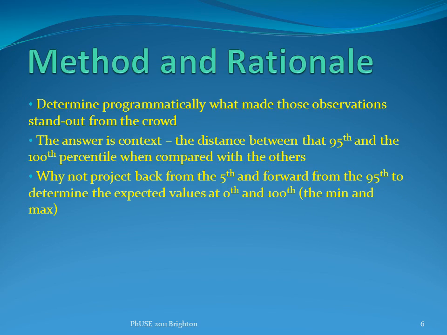I don't know how statistically accurate this is, but I decided upon a plan to look at the 5th and the 95th percentile, and then project backwards from 5 to 0 to get the expected minimum value at one end, and from 95 through to 100 the expected maximum value at the other end.